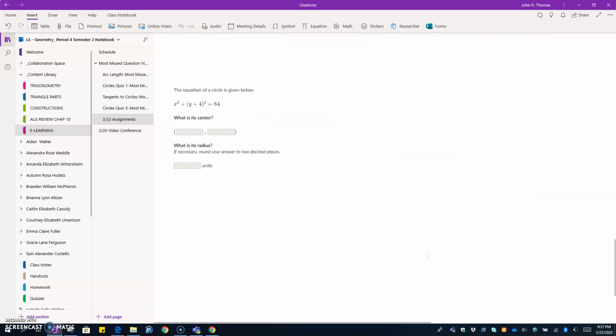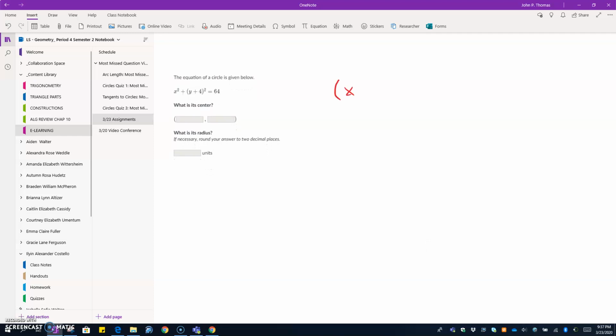And let's take a look at one more very similar to that. So again, I'm going to carry down that structure, x minus h quantity squared plus y minus k quantity squared equals r squared. In our problem we have x squared plus y plus 4 squared equals 64.